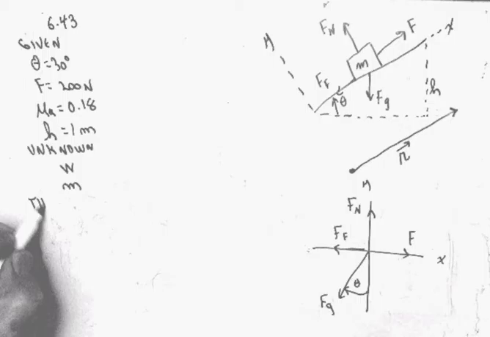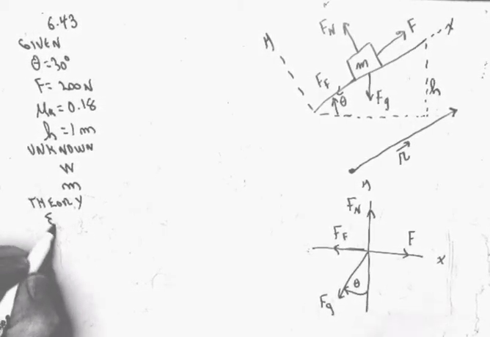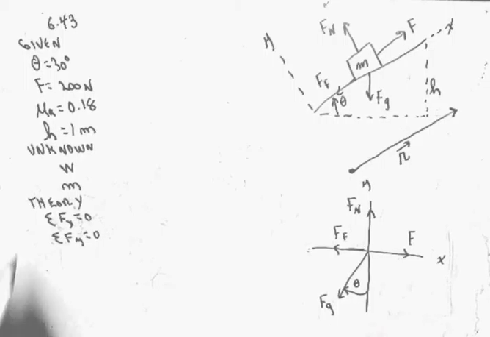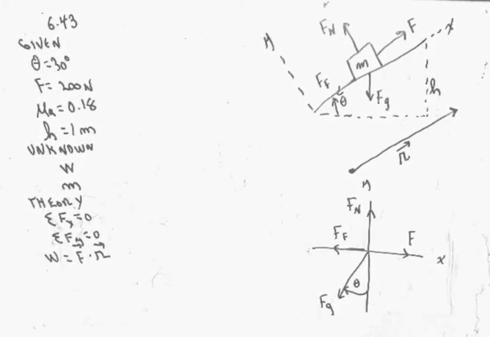Now the theory: first, it's in equilibrium, so the sum of the forces in the x must be equal to 0. Sum of the forces in the y equals 0. To calculate that work, that's the scalar product of the force F and the vector R. And then we're going to need to find the distance that it moved up the incline.